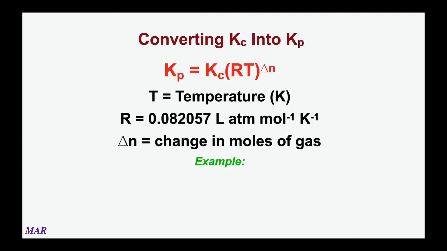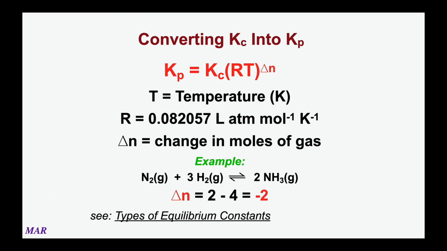Delta N is the change in moles of the gas. Remember, delta always means final minus initial. So that would be the final moles of gas minus the initial moles of gas. So as an example, if we're looking at that same reaction where nitrogen and 3 hydrogens combine to make 2 ammonias, delta N would be the final moles of gas, 2, minus the initial, and there's an invisible 1 by the N2, so 3 plus 1 would be 4.